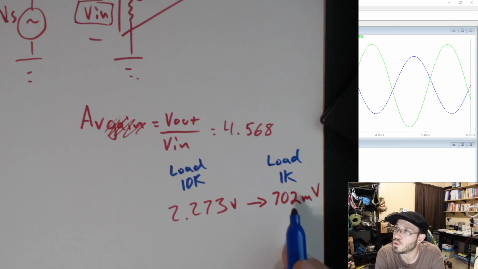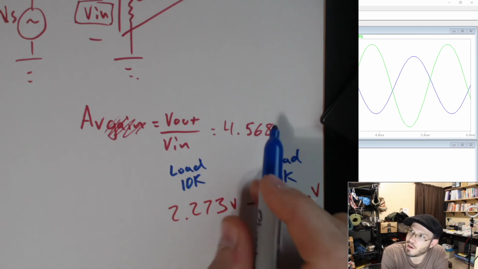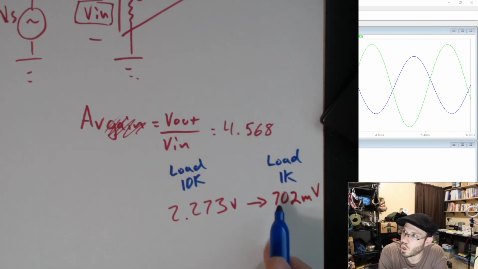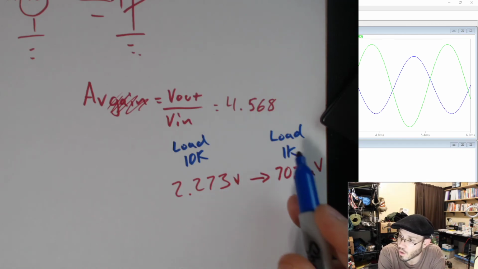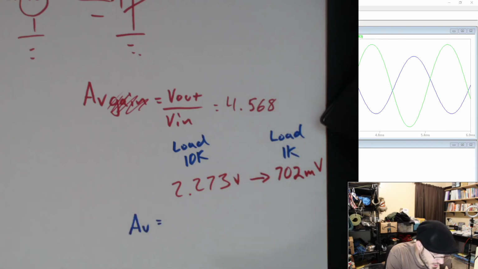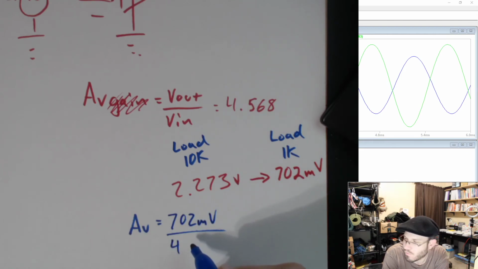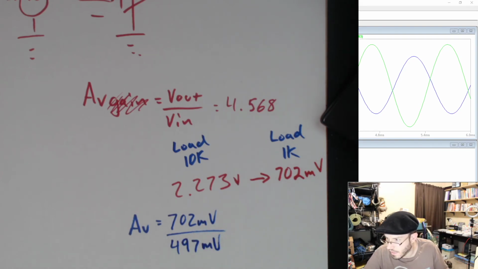We got 702 millivolts. And so when you calculated the gain for this amplifier, you got a number that was much closer to this. Whereas if we were to now again calculate the voltage gain of our amplifier under the conditions of driving a 1K load, then AV would be equal to V out divided by V in. That's 702 millivolts divided by 497 millivolts, it was very close to 500 millivolts.